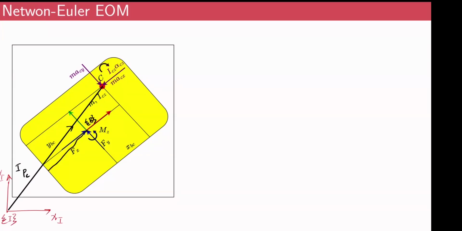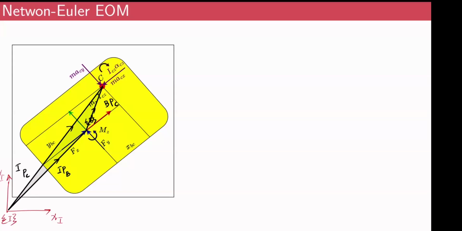So I would represent this position vector as the position vector of B with respect to I, the position vector of the origin of the body fixed frame with respect to I, and one more frame of reference, like so. I'll call this the position vector of point C with respect to B, right?